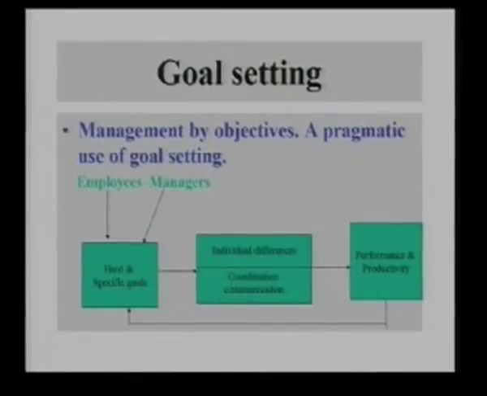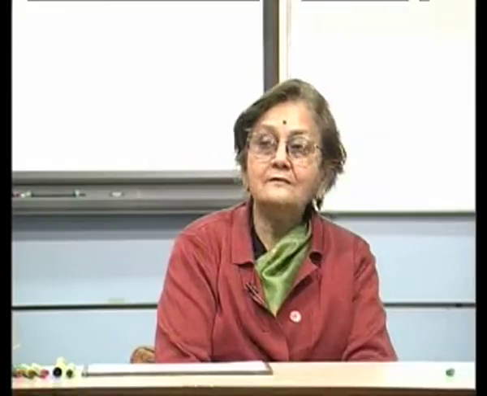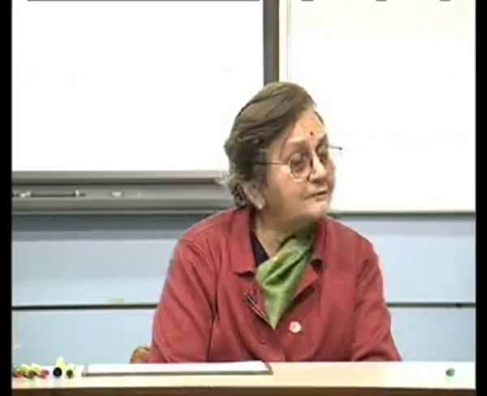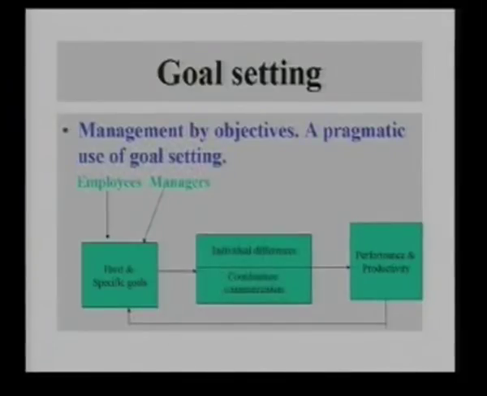And once you have achieved results using goal setting, which this special case we are calling the management by objectives, so, objectives are the goals and we are managing using this particular theory, management by objectives, to achieve our goals. And there is a feedback. You can see that in this model we have also shown that from the performance and productivity there is a feedback.